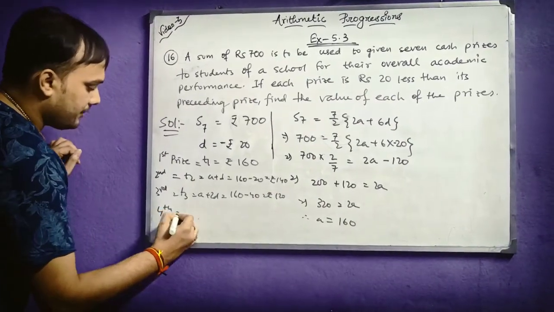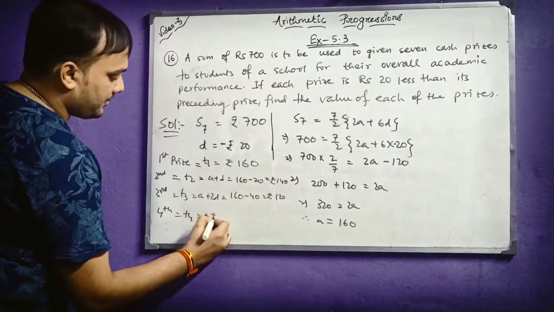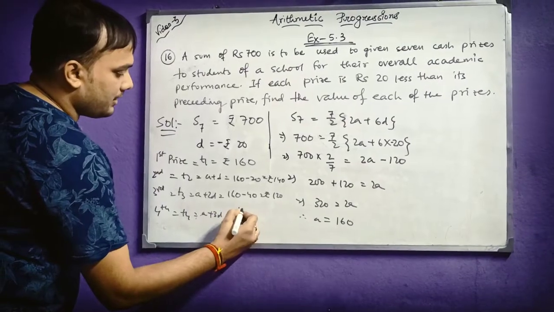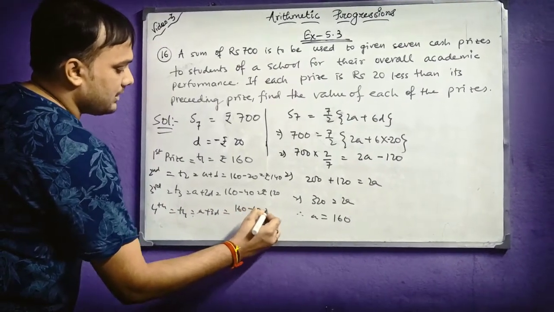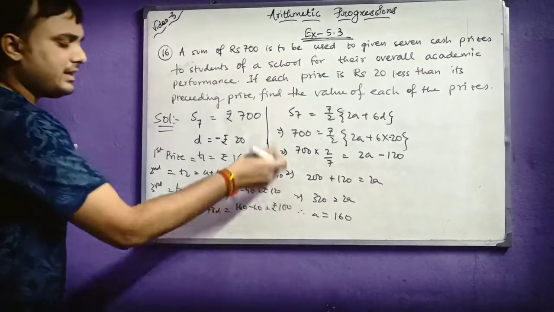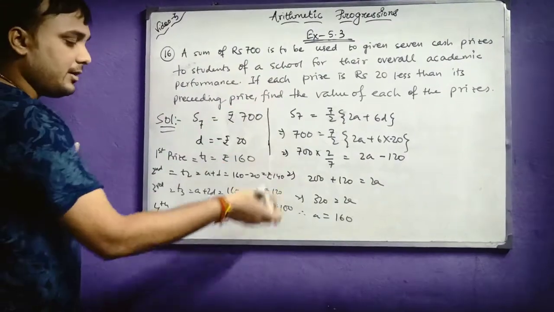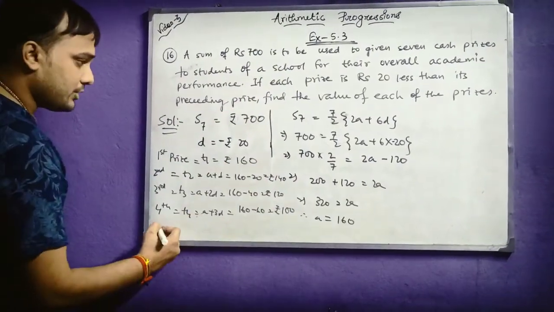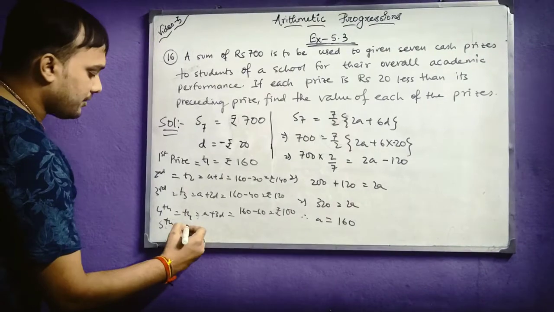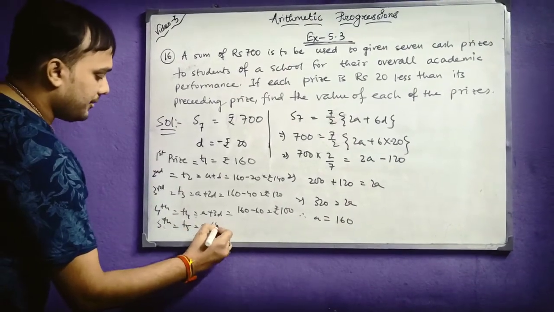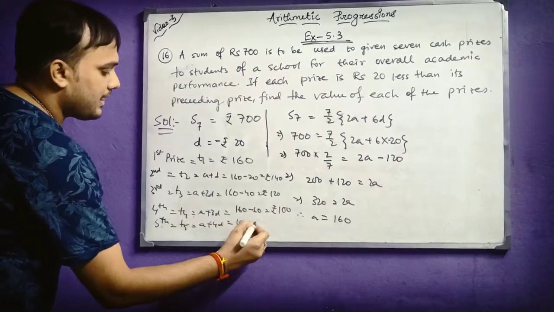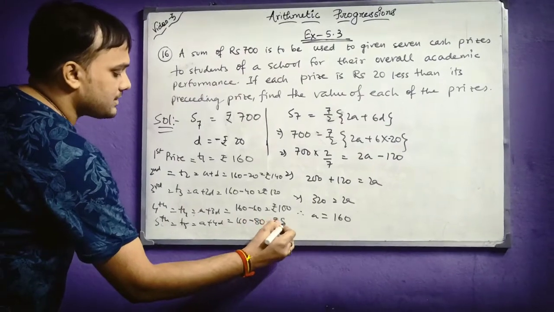The fourth price is T4, a plus 3d, 160 minus 60, rupees 100. Or you can directly subtract 20 from every number and you will get the next price. That also you can do. The fifth price is T5, a plus 4d, 160 minus 80, rupees 80.